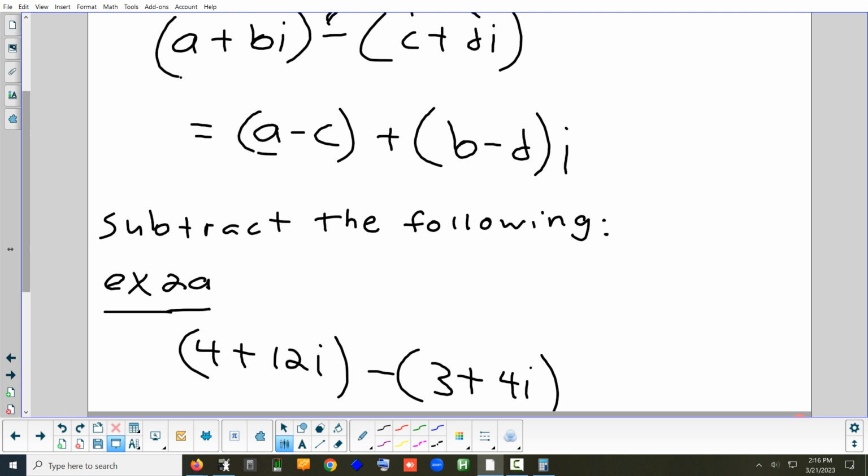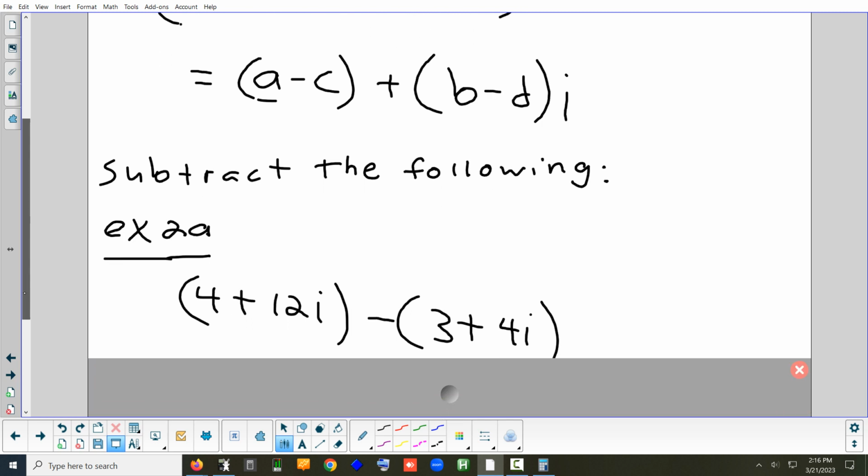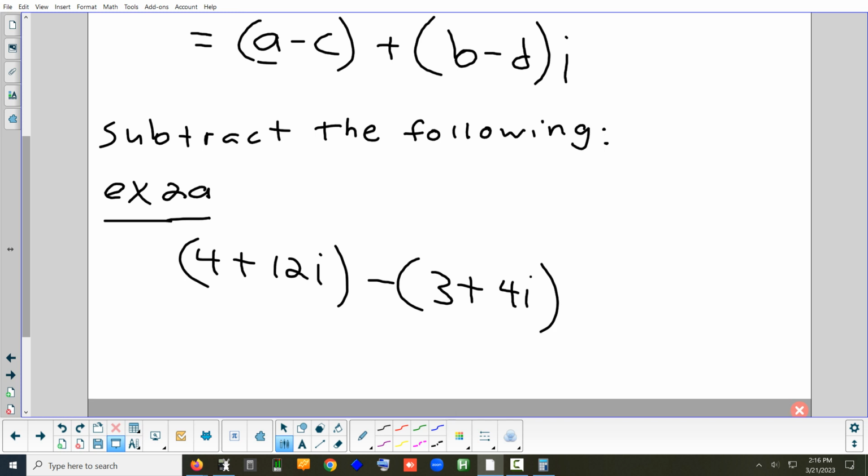So we got 4 plus 12i, and we're going to subtract 3 plus 4i. So remember, make sure that negative in front is applied to both the 3 and the 4i when we subtract. Okay, so what's going to be the real part when you subtract those complex numbers? 4 is the real part, minus 3 is going to give me 1.